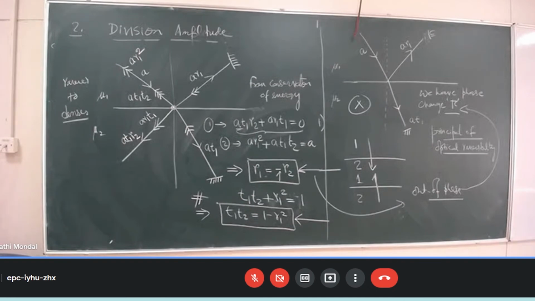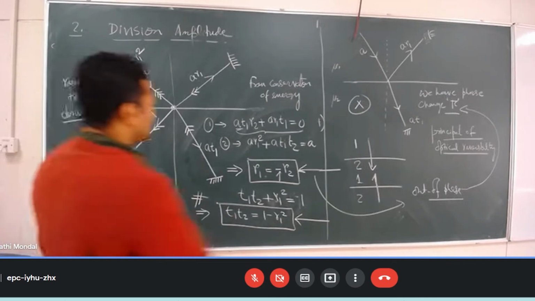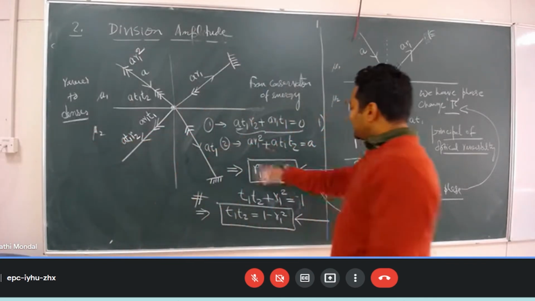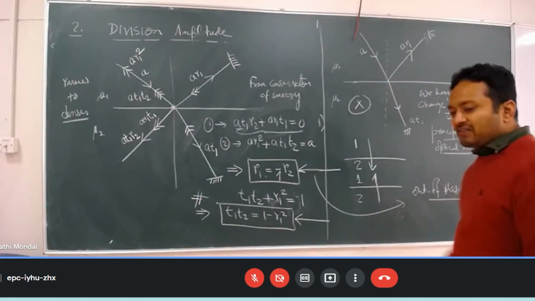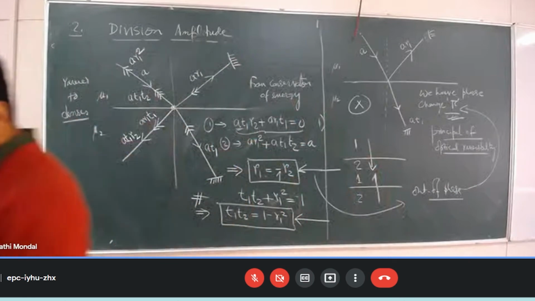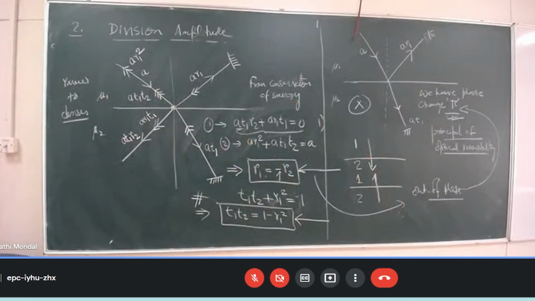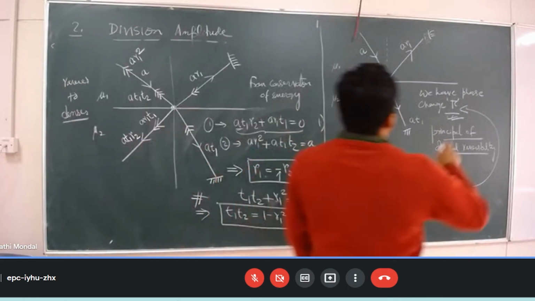So that is how we can prove Stokes law, which says that if you have a reflection of light from rarer to denser medium, that means it strikes a denser medium, then you will have an out of phase change in the reflection coefficient. That means you will have a pi phase change at that point. So this is called Stokes law.